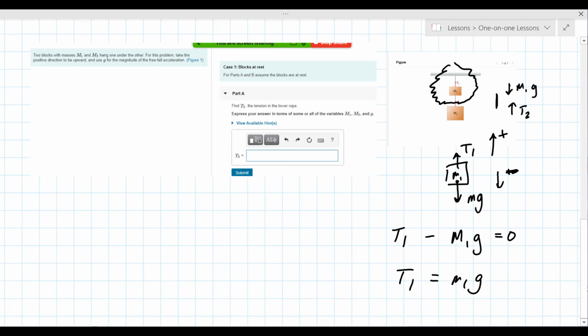To find T2, the tension in the lower rope, is there a number that I have to put in there? It's all symbolic. That's why it says in terms of M1, M2, and g. Oh, so this is just M1g.